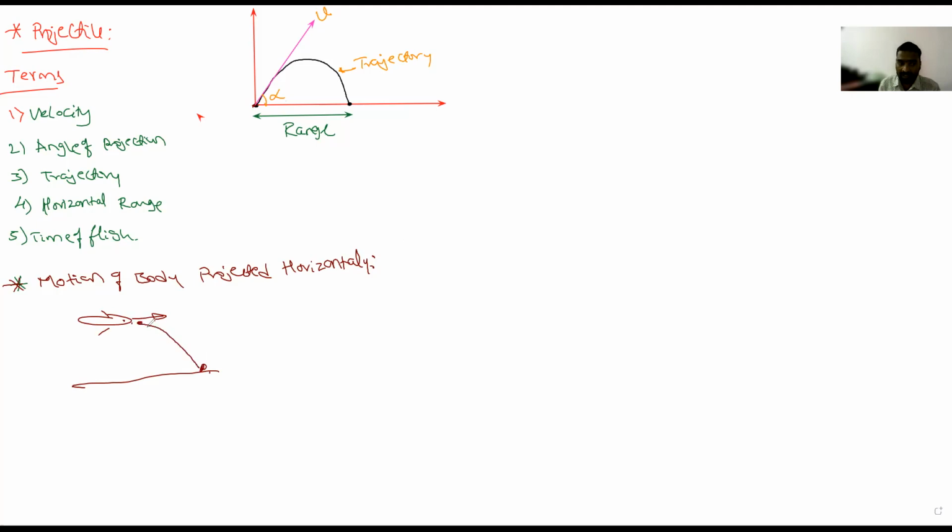The aeroplane is moving in the horizontal direction, but the particle he has thrown will go in a trajectory, projectile motion. This is called motion of a body projected horizontally. It has zero initial velocity in the vertical direction, goes under gravity and follows a projectile path.